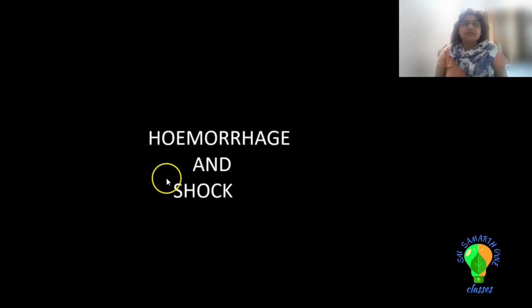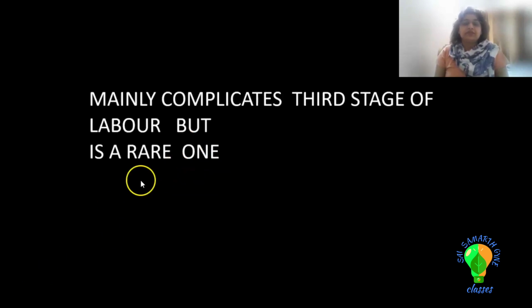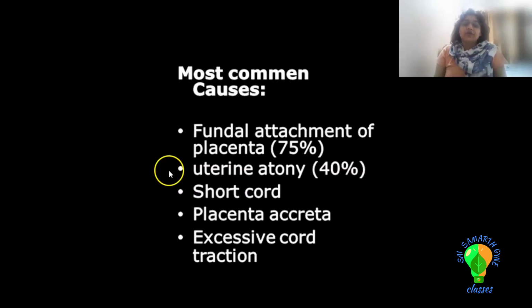The main complication है कि बहुत ज़्यादा bleeding हो जाती है और patient shock में जाने लगती है. तो हमको फटाफट इसको as early as possible you have to diagnose, and you have to reposit the uterus.